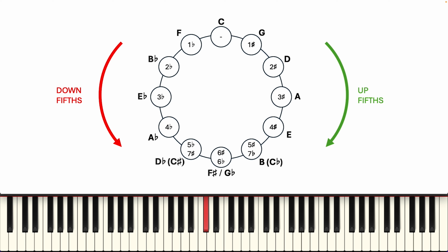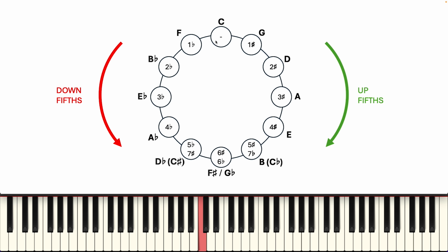Then to B, then to F sharp, and then to C sharp. You see, here we went up in fifth, and every time we added a sharp, and then here we went down in fifth, and we added a flat.